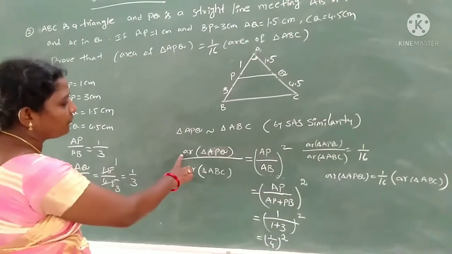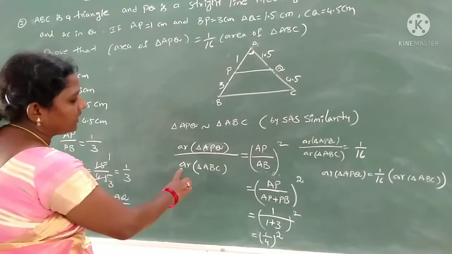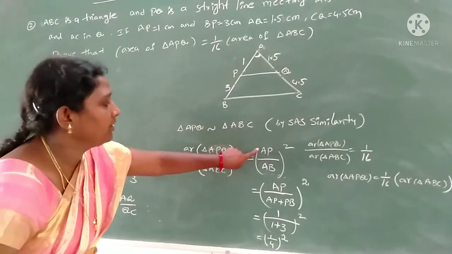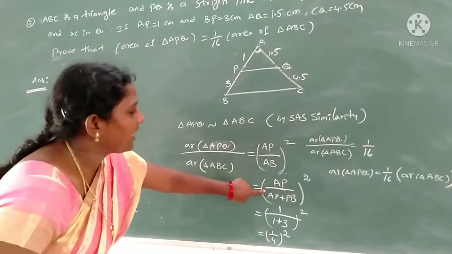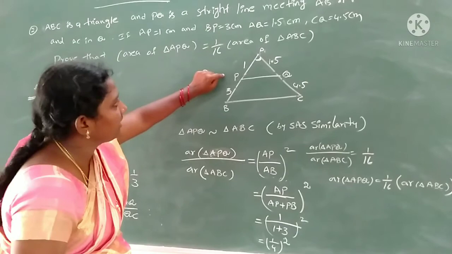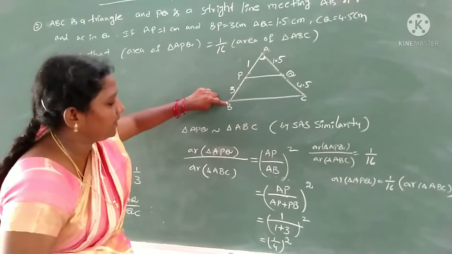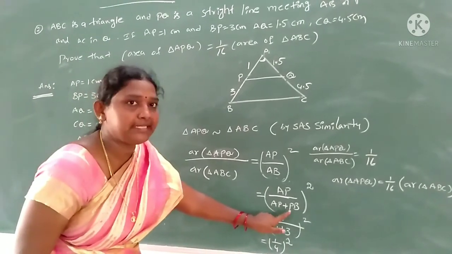So we find the area of triangle APQ by area of triangle ABC equal to AP by AB whole square. Here we observe AB value is AP plus PB. So we substitute AB as AP plus PB.